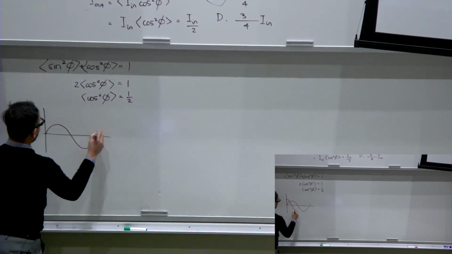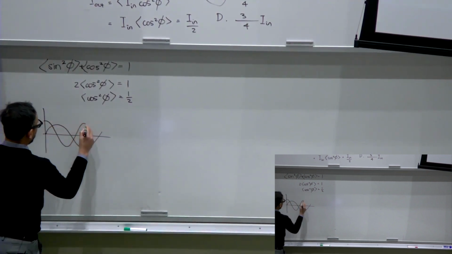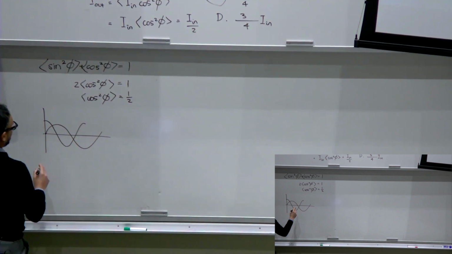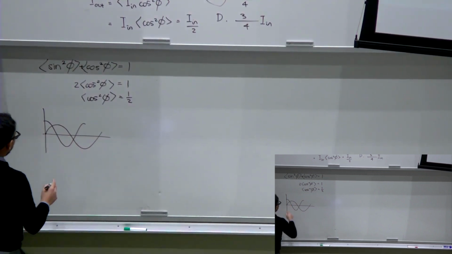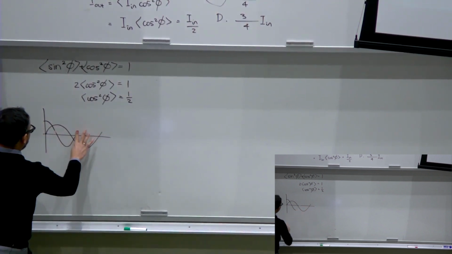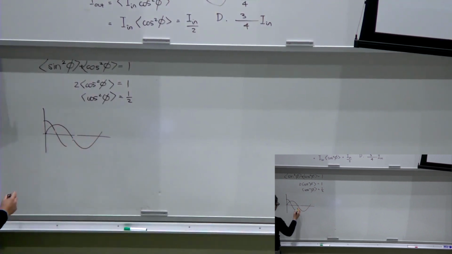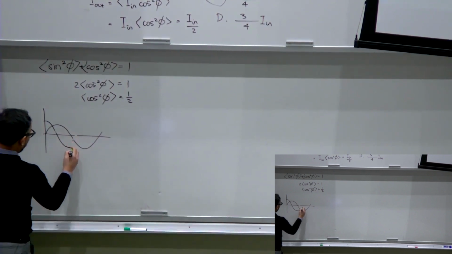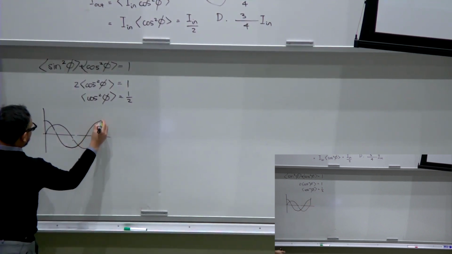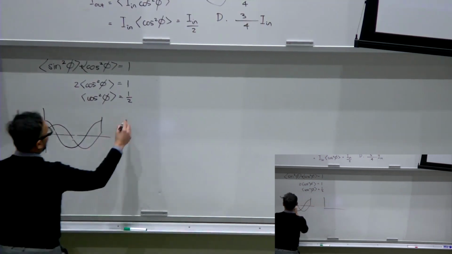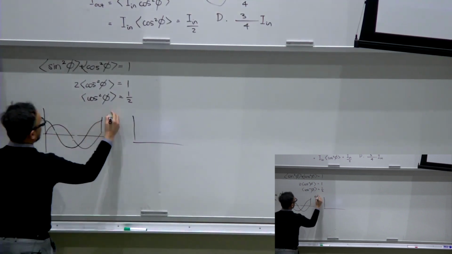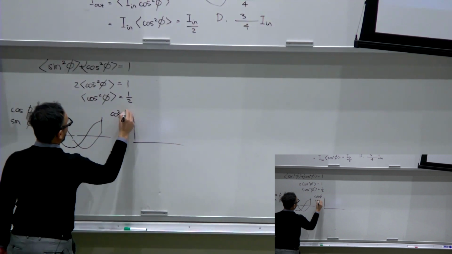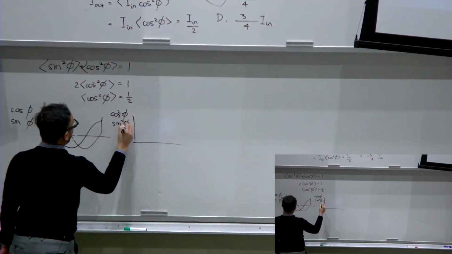So this is sine, this is cosine. And this is the cosine square phi or sine square phi.